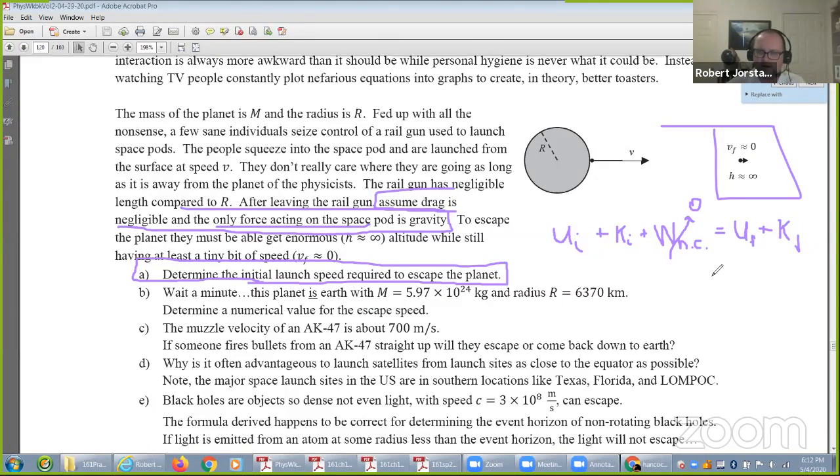And now I'm going to remind you that this is negative G M m over the distance between them. Initially, the distance between them is capital R. Now I have some speed.